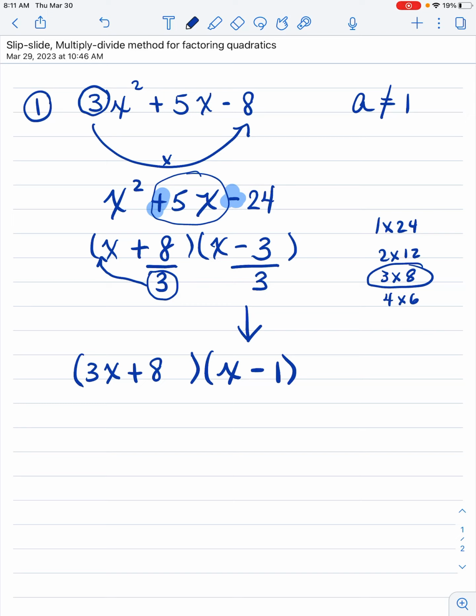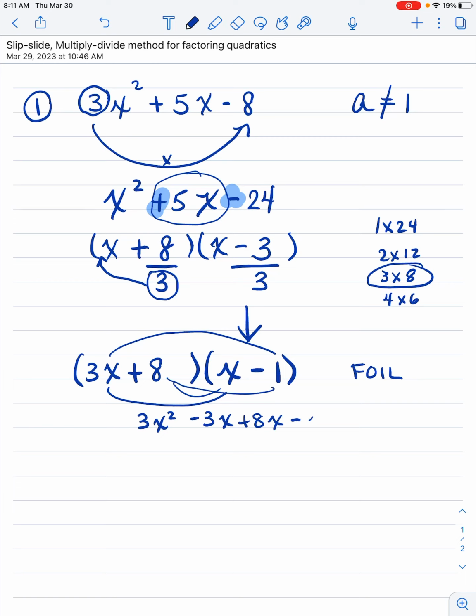If you want to check it, you can check it by doing FOIL. FOIL would be first, which is 3x squared, outside, minus 3x, inside, plus 8x, and last, minus 8.